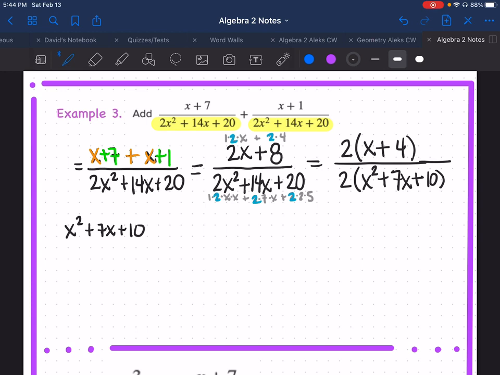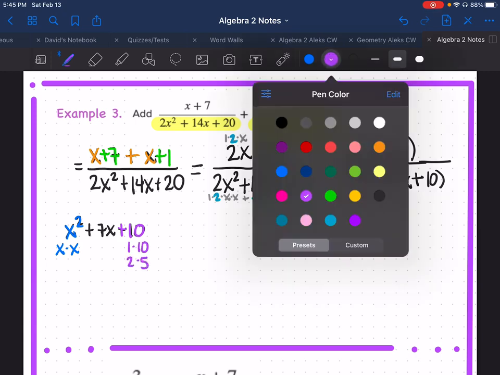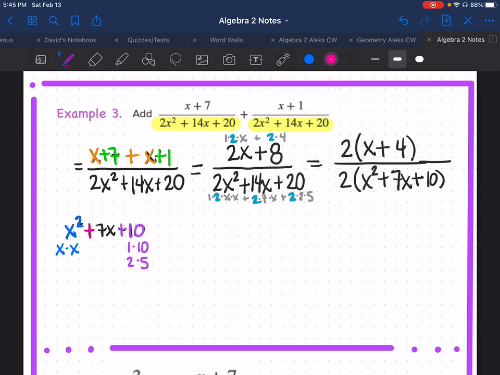Because if it doesn't have to be factored, I actually don't have to factor it. So I'm going to look at x. x squared would be x times x. And then I'm going to look at 10. 10 is going to be 1 times 10 or 2 times 5. Because my b term right here is 7x, I'm going to pick 2 times 5. That would mean that my two factors inside my parentheses are going to be 2 and 5.